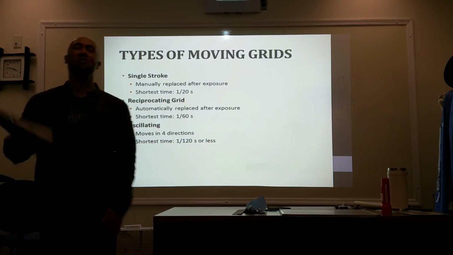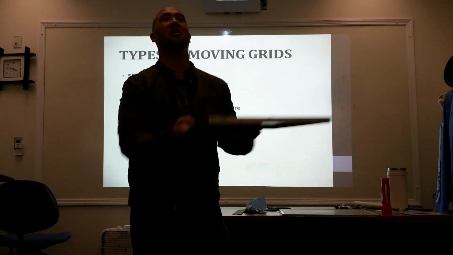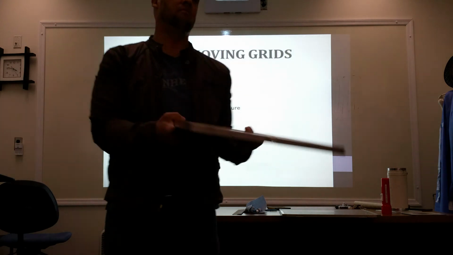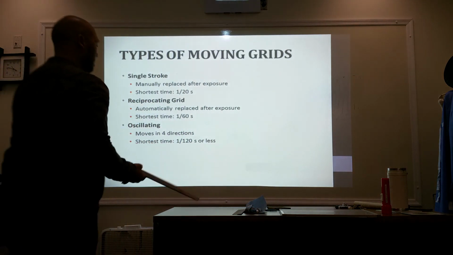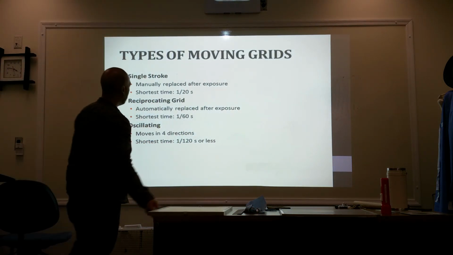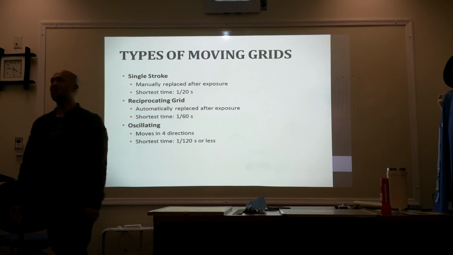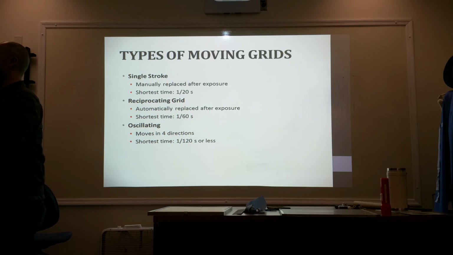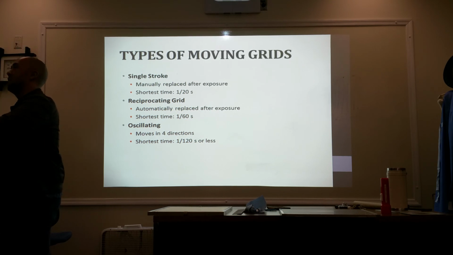So it doesn't just move across the table, it's going to go in all 4 different directions. A sweeping motion. That's going to be the most efficient. Okay? Shortest times of 1/120th or less. That's what's going to happen there. Okay? Any questions on the moving grids?